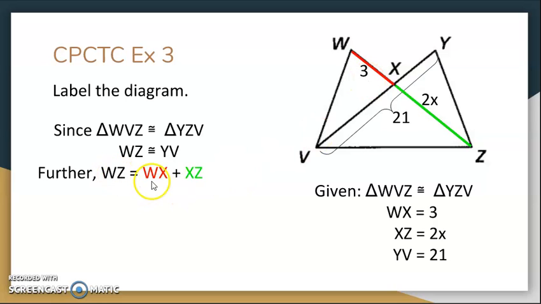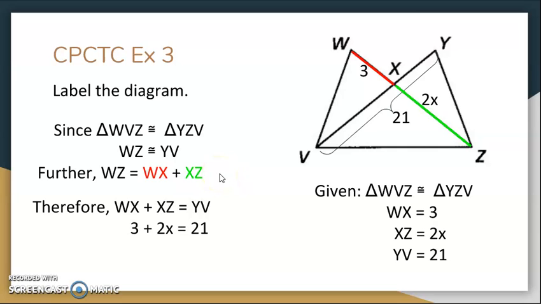And I know that WZ would be adding those two parts together. Putting all that together, I know that WX plus XZ has to equal VY. Substituting in and solving for x, I find that x is equal to 9.